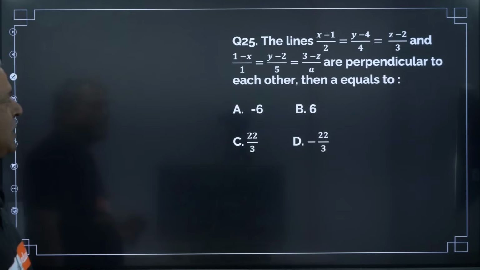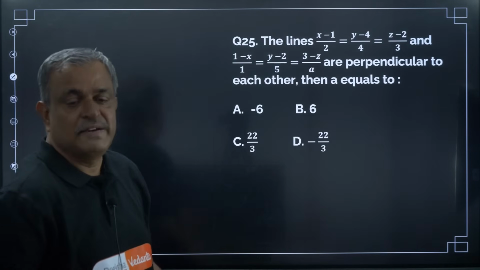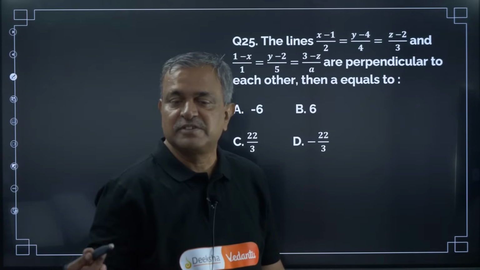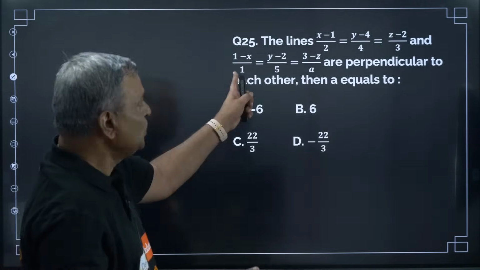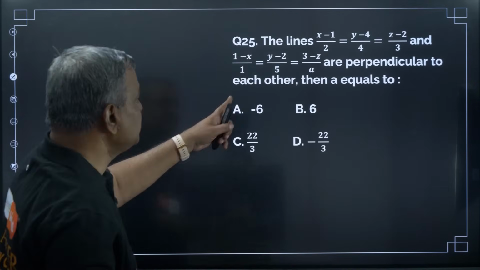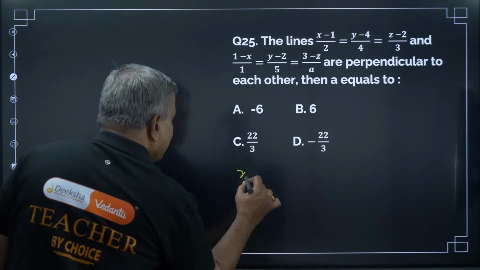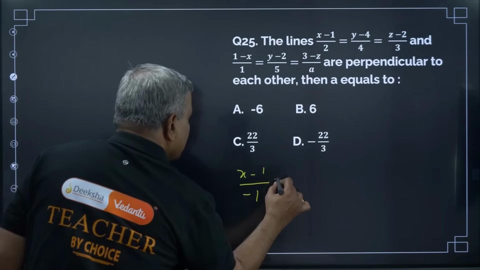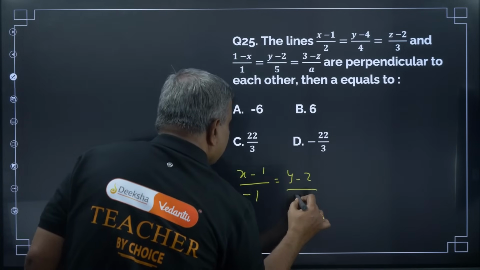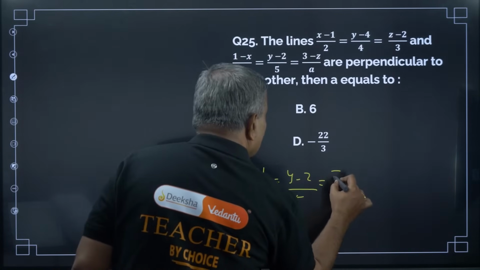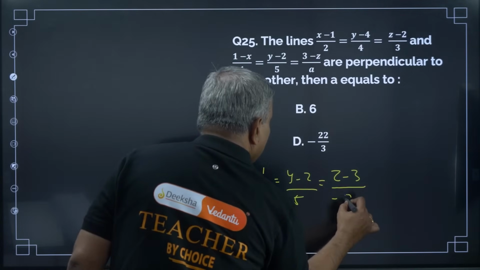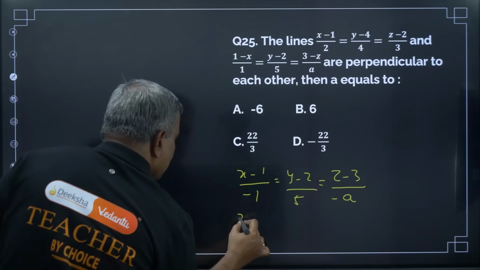These two lines are perpendicular to each other. So a1 a2 plus b1 b2 plus c1 c2 is equal to 0. Before that, you rearrange. A lot of students make mistakes here only. So x minus 1 by minus 1 equal to y minus 2 by 5 is equal to z minus 3 by minus a. A lot of students make mistakes here.